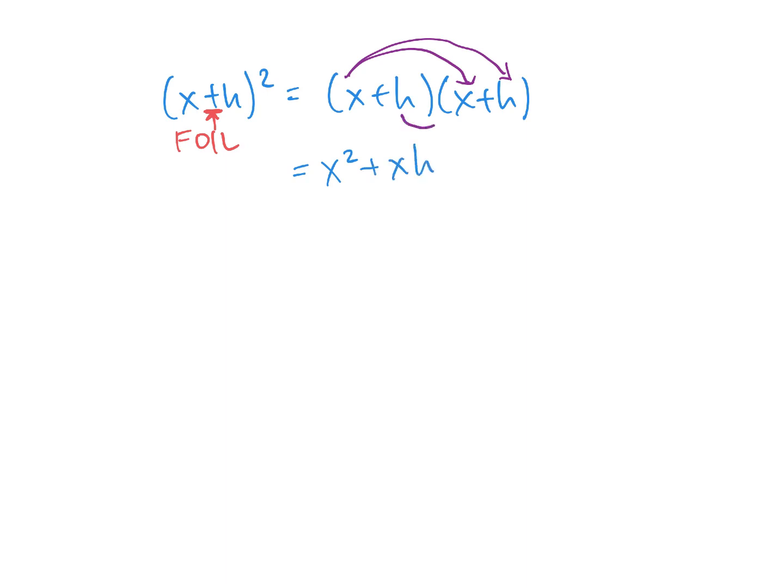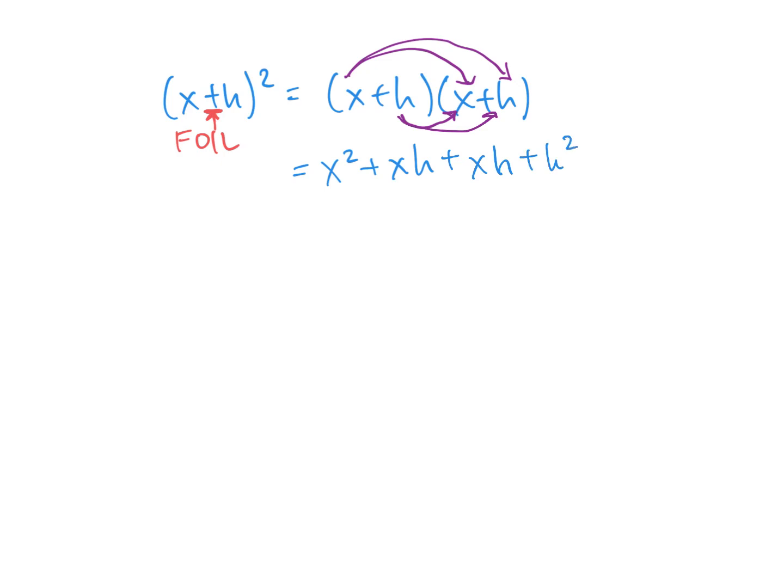When I multiply this h times that x, I get an h times x, which I could call hx, but I'm going to go ahead and note that xh and hx have the same variables and the same exponents, so I'm just going to be consistent, and since I wrote my x's first here, when I multiply these together and get hx, I'm going to write it in that same order, plus another xh. And then finally, this h times that h is an h squared.